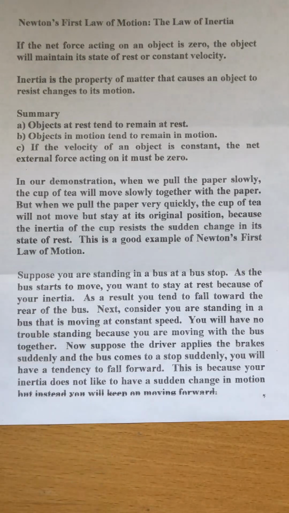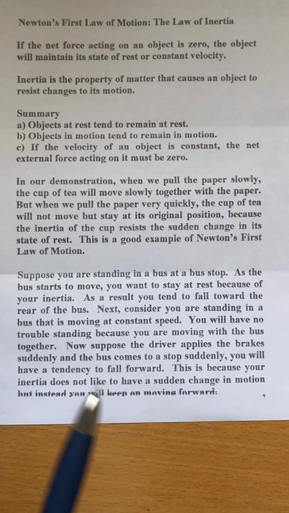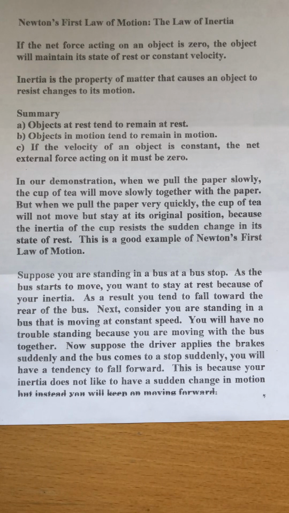Now, when an object has no applied force, in other words, the net force is zero, then if the object is not moving, it will keep not moving. If the object is already moving, then it will keep moving at constant velocity. Now this is the first law of motion, Newton's first law.